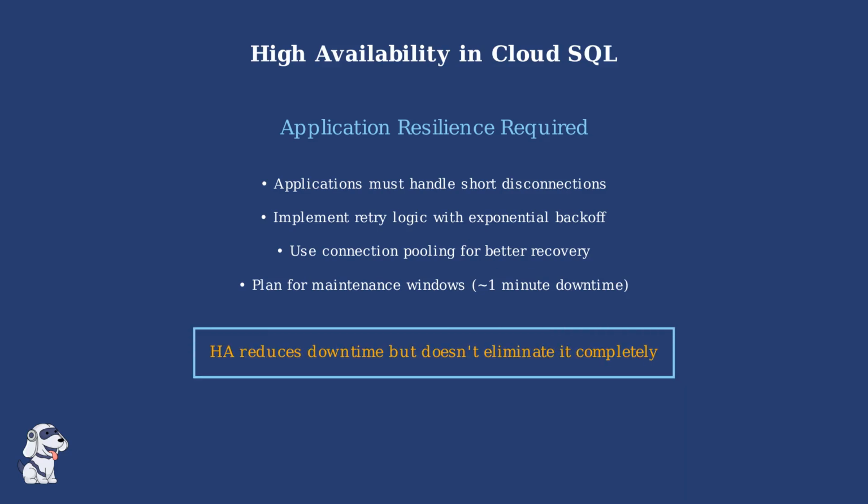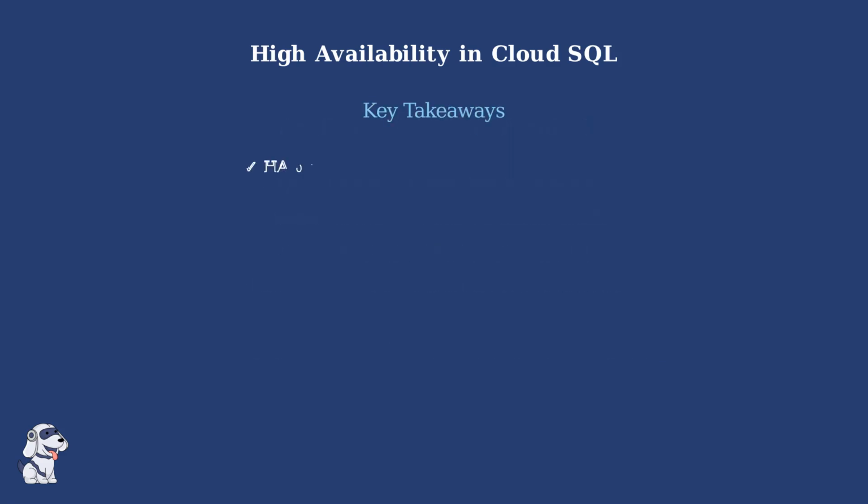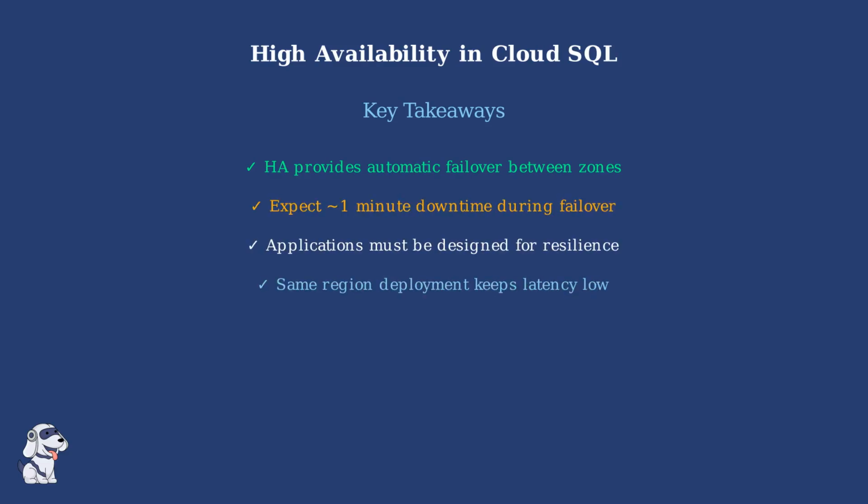They should handle short disconnections gracefully and implement proper retry mechanisms. To summarize, high availability in Cloud SQL provides automatic failover protection with minimal downtime, but your applications should still be designed to handle brief interruptions gracefully. This combination gives you the best of both worlds: automated protection and resilient applications.